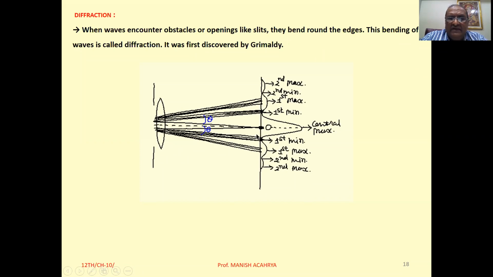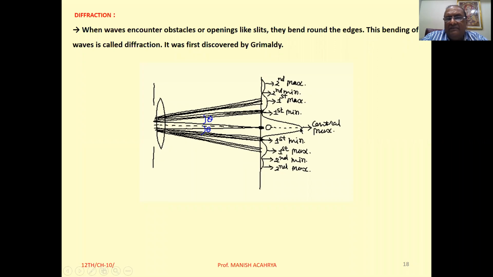can observe this thing at the center, means this O, which is on the normal bisector to this particular slit.